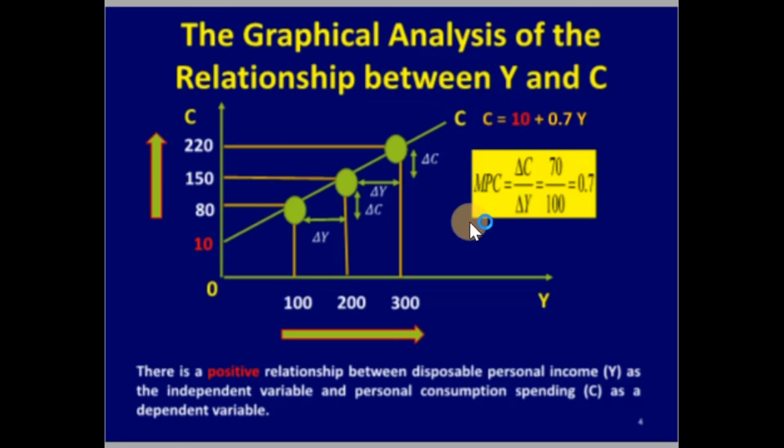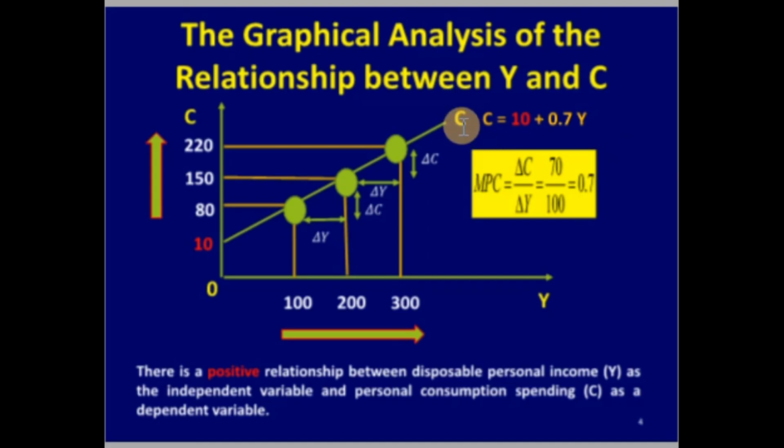When Y equals 100, the induced consumption spending equals 70. Therefore, the total personal consumption spending equals 10 plus 70 equals 80. When Y equals 200, the induced consumption spending equals 140.